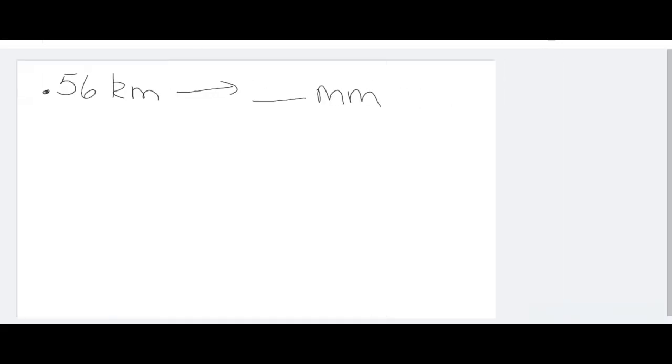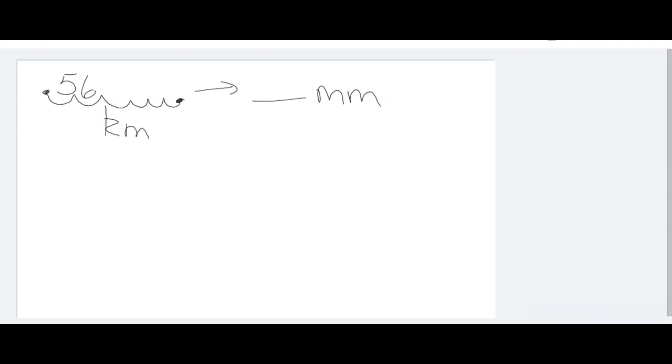So when we go back, I'm going to erase kilometers and move it down a little bit. And you'll see in a second why I did that. We're going to go 6 times to the right. Once, twice, 3 times, 4 times, 5 times, 6 times. Now you're like, Mr. Haddock, what do we do when there's empty space like that?